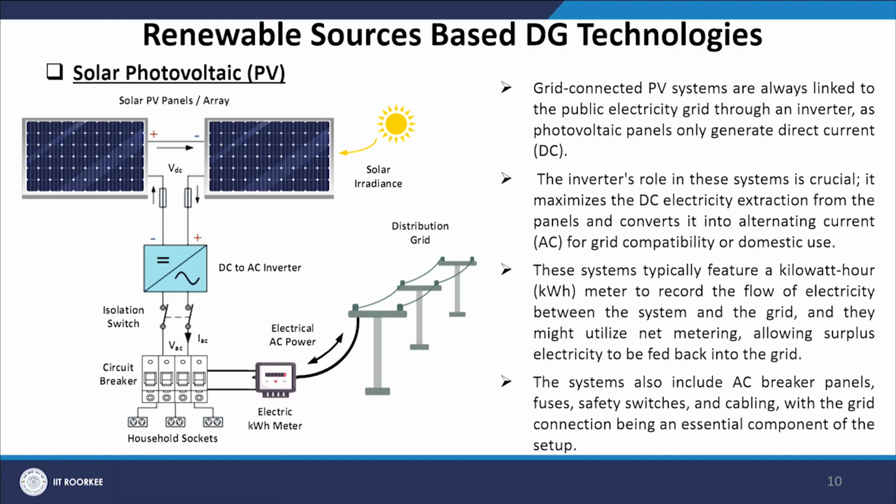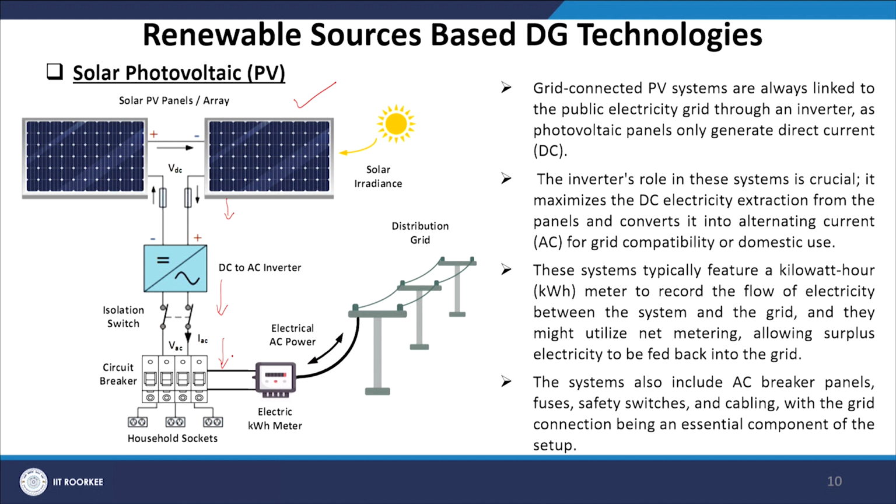In a solar photovoltaic system, as you could see, these are the panels which are exposed to sunlight with a specific inclination, and the DC power produced from those panels is converted into AC and then fed to residential loads.